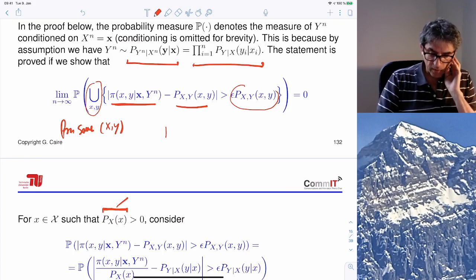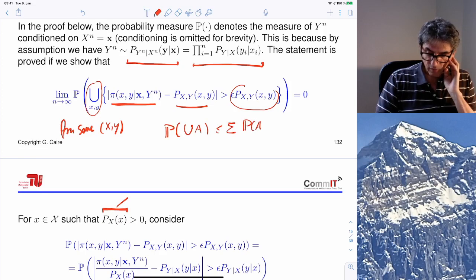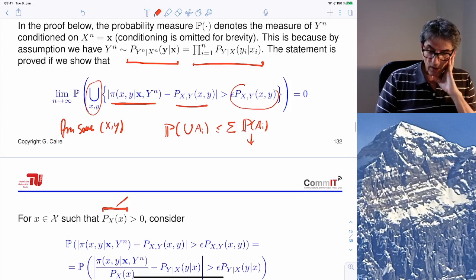We write the probability of a union of events is less or equal than the sum over the probabilities of the individual events. If we can show that each one of those goes to 0, and we have a finite number of events, so this sum is finite, well, then we can prove that the union goes to 0 if each individual probability of these events goes to 0.